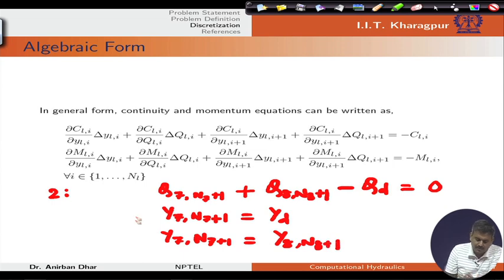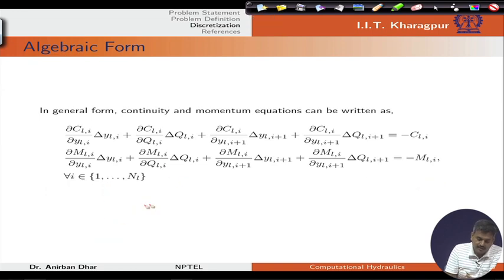That means we have two conditions for Y and one condition for discharge at the downstream external junction boundary.